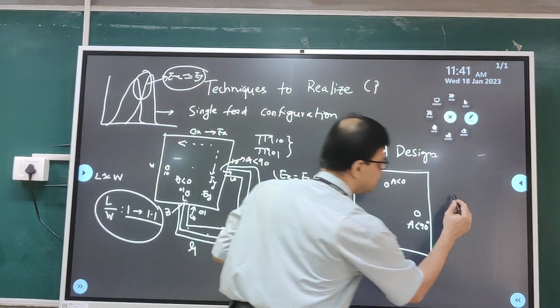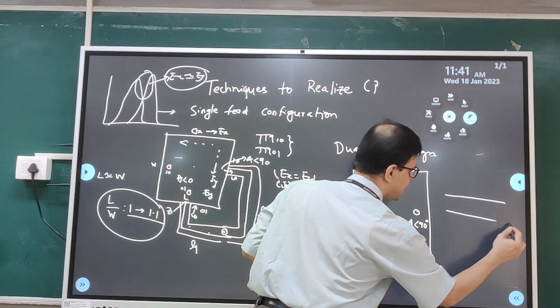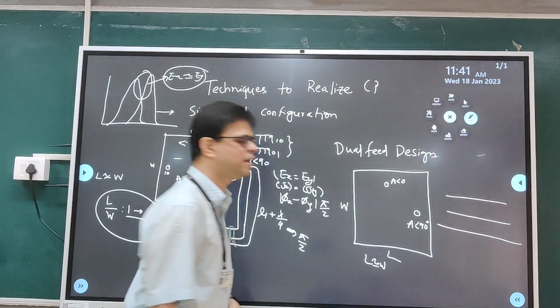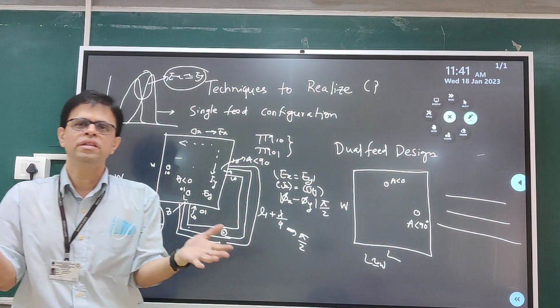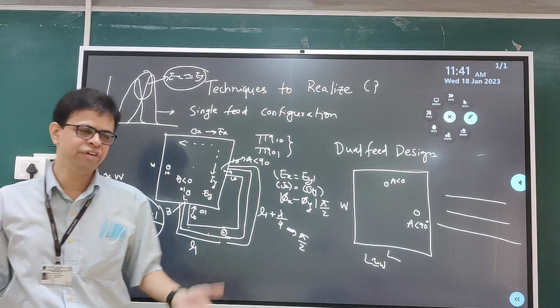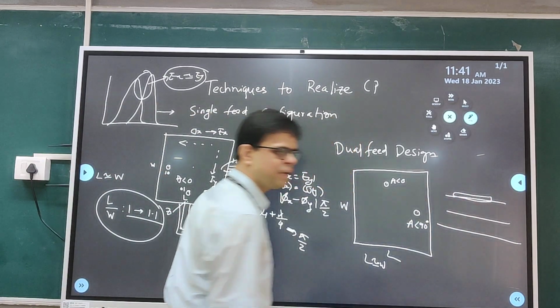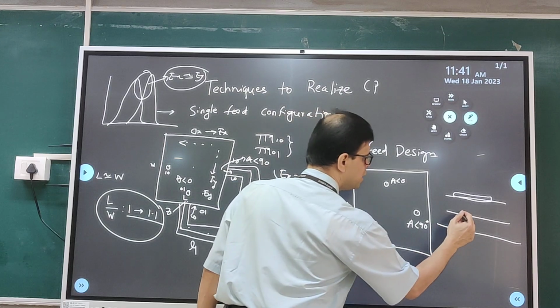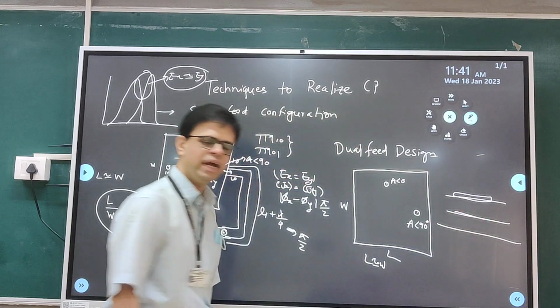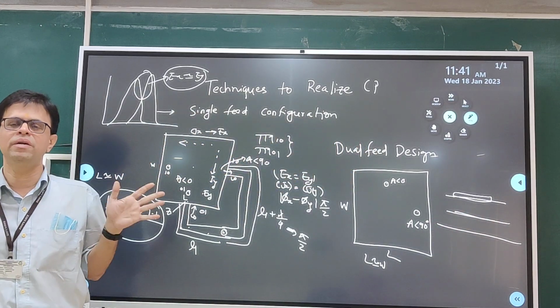Okay. Now what is done in this case? Generally, you use a separate layer to generate the two 90-degree opposite fields. This is your layer where the radiating patch is present, and then on this layer you create a power divider network.